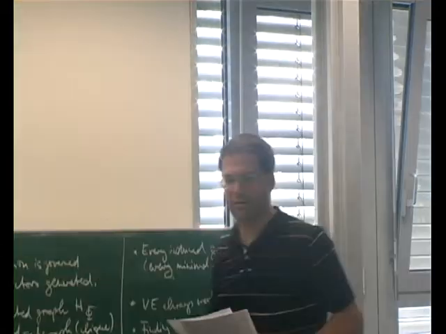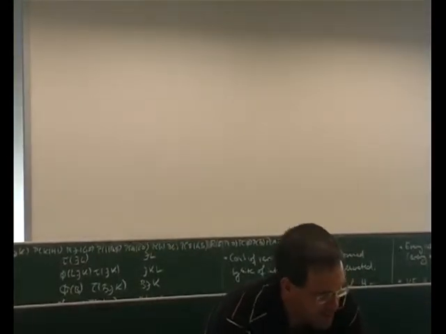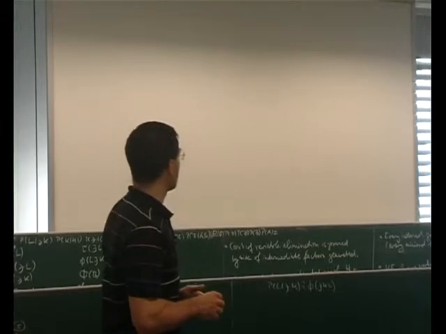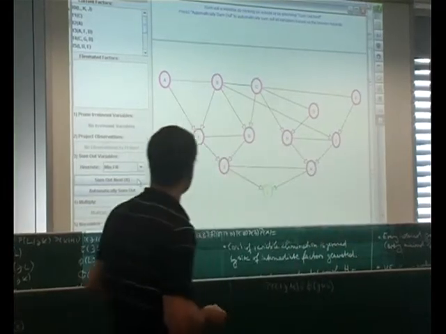And let's again look at that example. So if I sum out A, how many edges will I need to add to the induced graph?